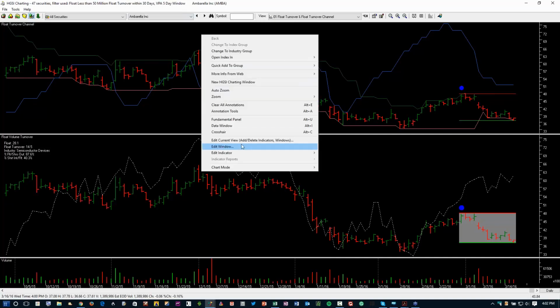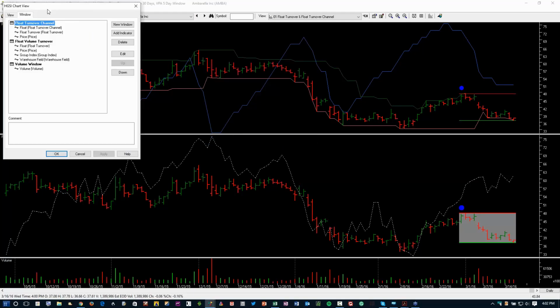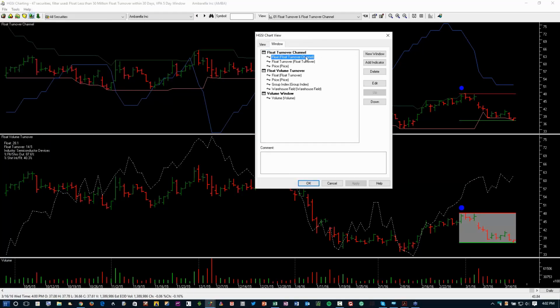I'm going to edit the current view, and as Matt said, you have to make sure these indicators are above the price, which was Brad's question. If price were above those, you can't see through the transparent box. So if you build your own charts, remember to put those above the price. I did that on both windows.